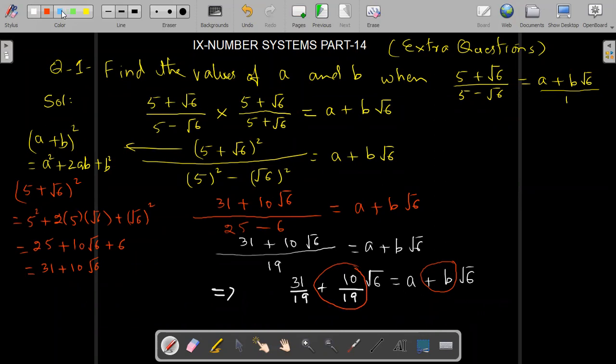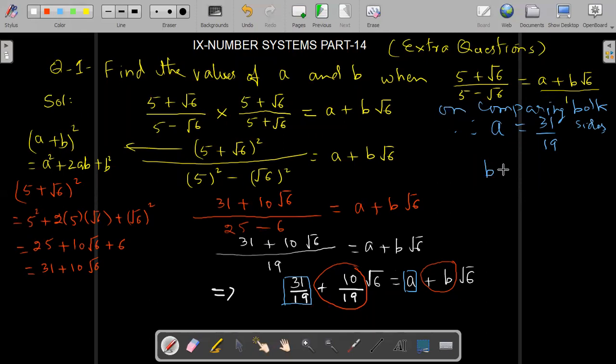And here a will be equal to 31 by 19. Therefore, on comparing both sides, we get a is equal to 31 by 19 and b is equal to 10 by 19.